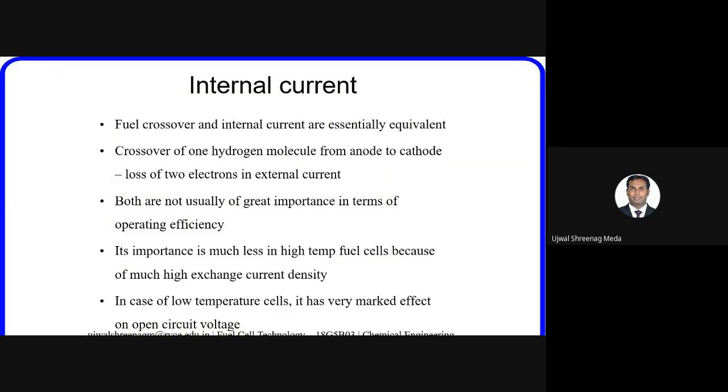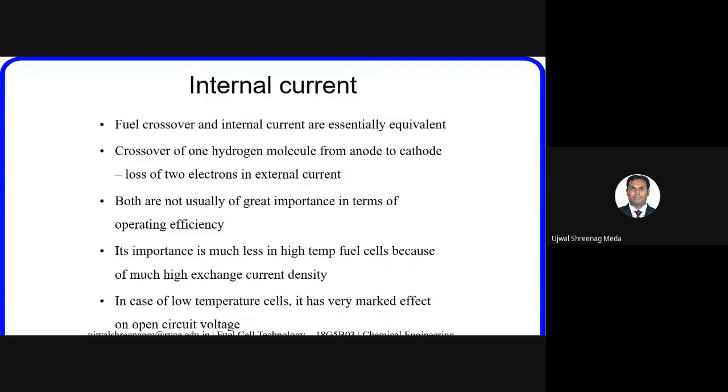Because of this, the loss due to internal current and fuel crossover is also less. But in the case of low temperature fuel cells, especially where the fuel is not hydrogen, it will have some impact on the open circuit voltage.